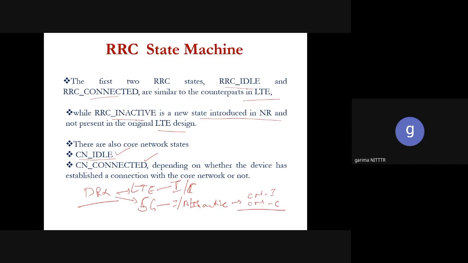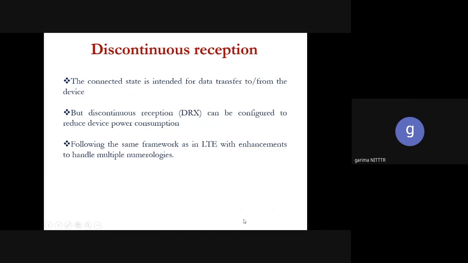So 5G has some features that are evolved because of the new scalable subcarrier spacing. This continuous reception was also configured to reduce the power consumption as it was in 4G communication, but it will handle multiple numerologies also.